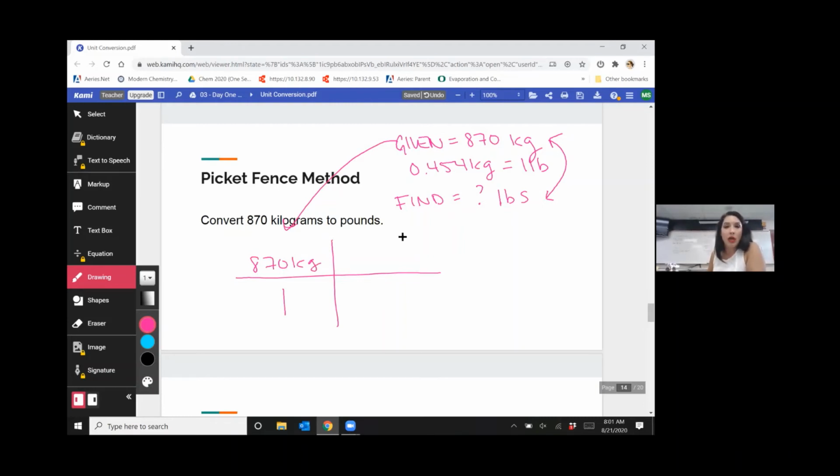Now let's think about what goes in the next step. We want to cancel kilograms, so I'm going to put it down below. And then I just find whatever number corresponds to that unit and stick it next to it. The unit that I'm trying to solve for will always go here in the upper right-hand corner. So we're trying to solve for pounds.